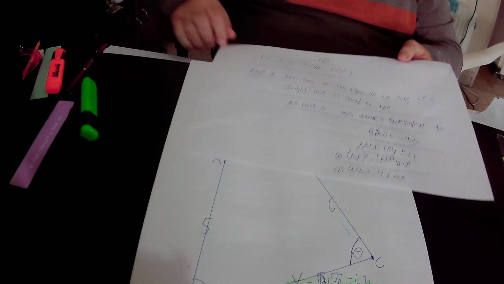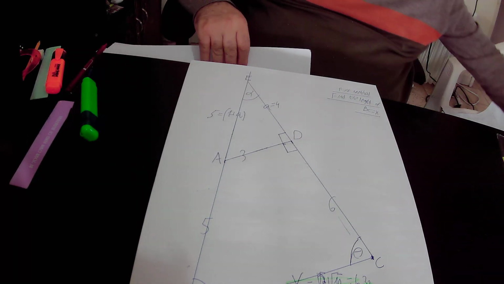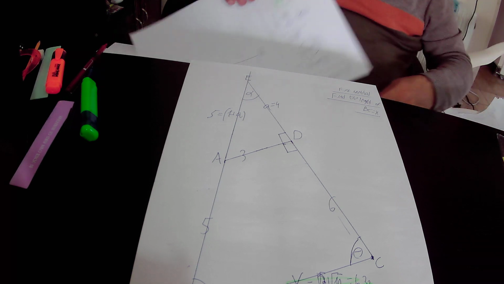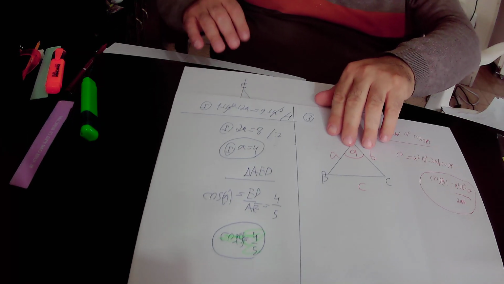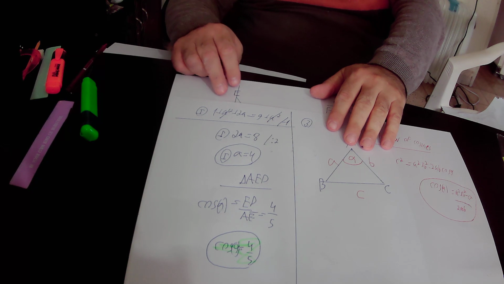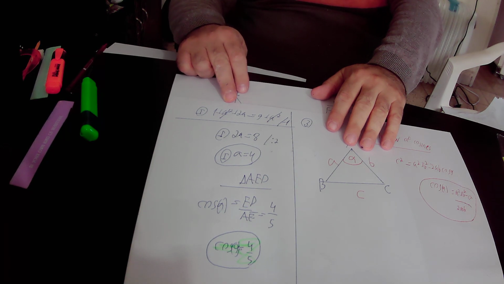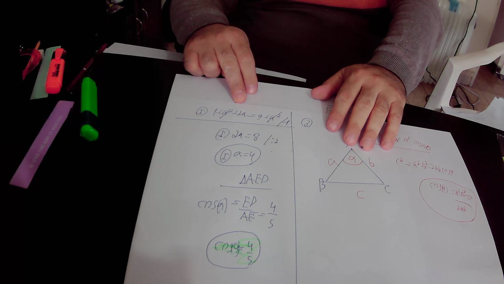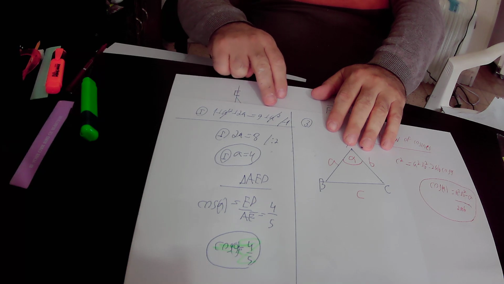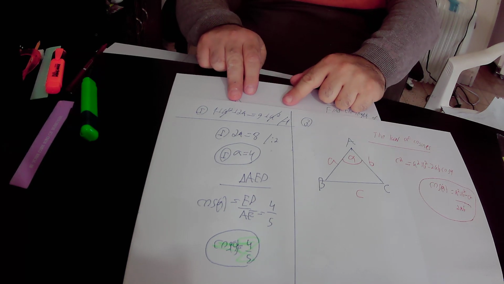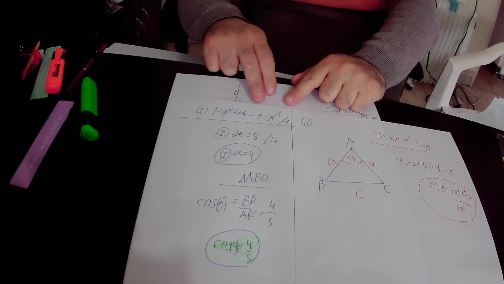Here we open the brackets on this side of equation number 1, and we found out that 1 plus A square equals 1 plus A square plus 2A, and it is equal to 9 plus A square. Here we have A square on both sides of equation number 1, so A square will get cancelled, and we are left only with 1 plus 2A, that is 9.